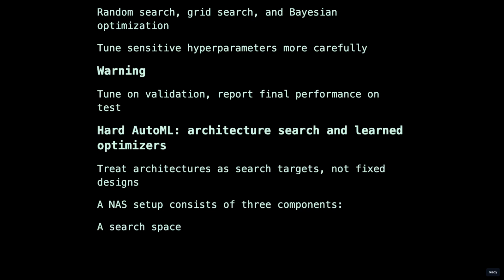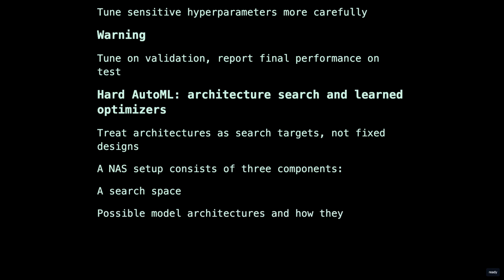It has to be constrained enough to search efficiently, but broad enough to include useful architectures. That means choosing the blocks and the rules for connecting them. Without those limits, the search becomes too large to handle.